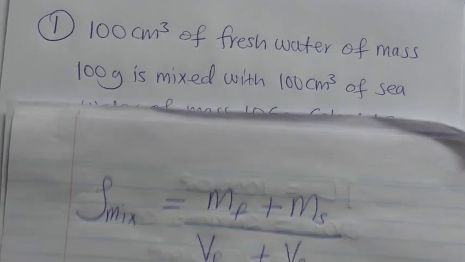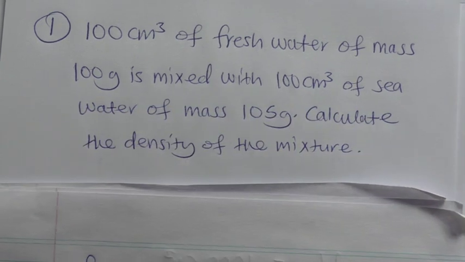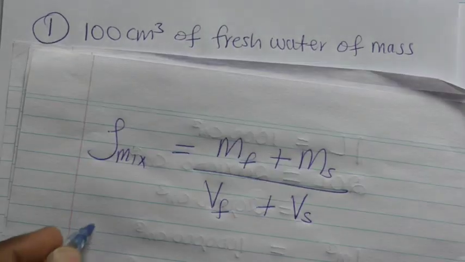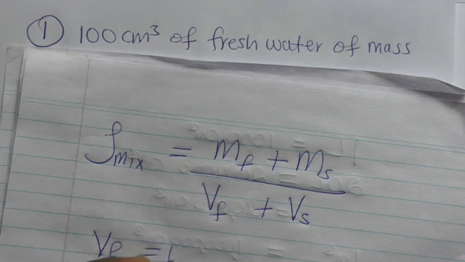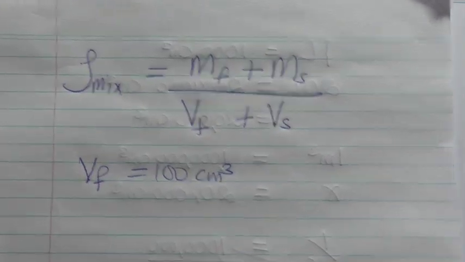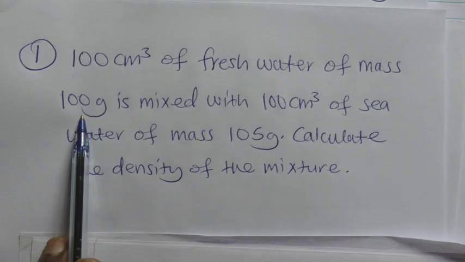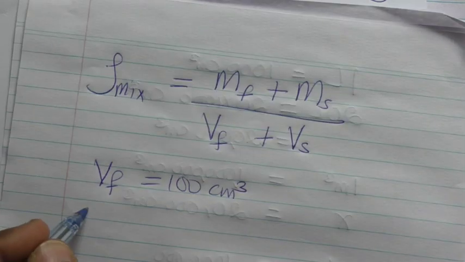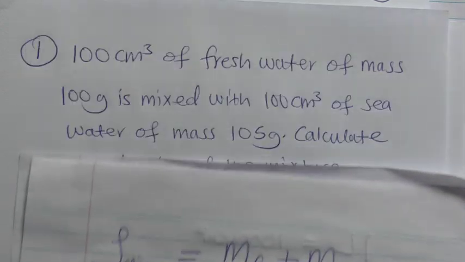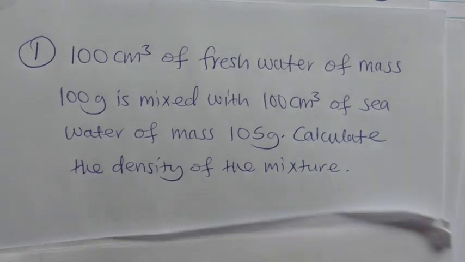Now, let us summarize what we are given from the question. 100 cubic centimeters of fresh water, meaning the volume of fresh water is 100 cubic centimeters. Then we are told of mass 100 grams, so that is the mass of fresh water, 100 grams, is mixed with 100 cubic centimeters of seawater.